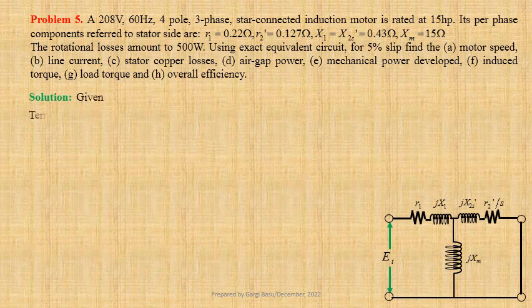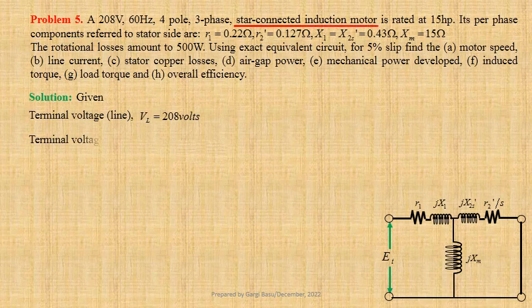Given line-to-line terminal voltage VL equals 208 volts. For star-connected induction motor, terminal voltage per phase ET equals VL by root 3, that is equal to 208 divided by root 3, that gives us 120 volts.